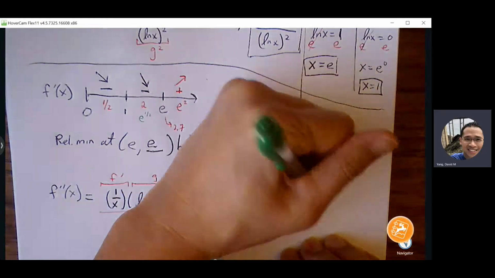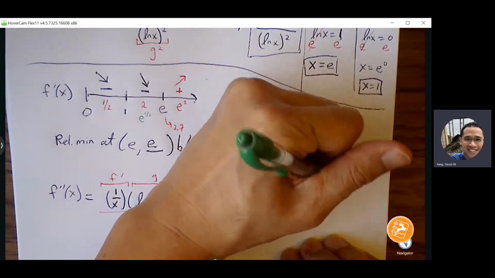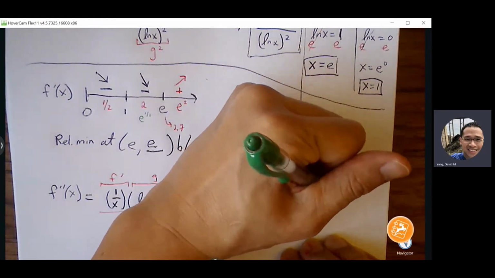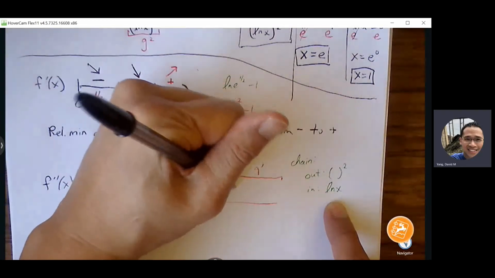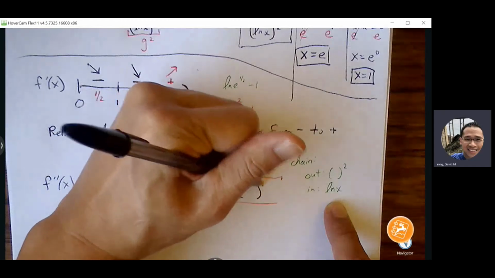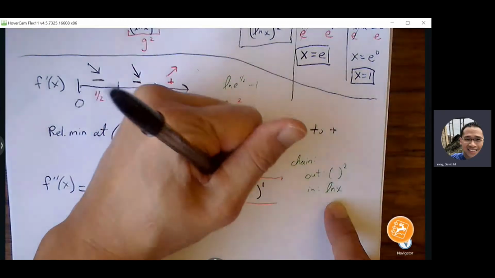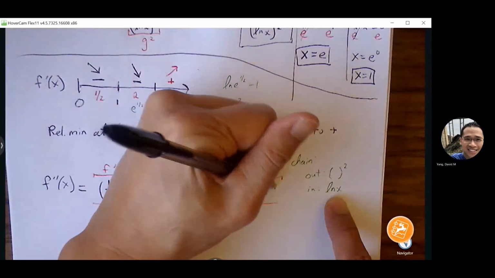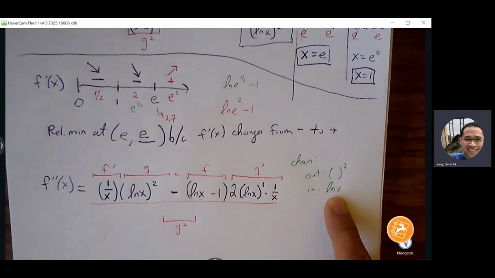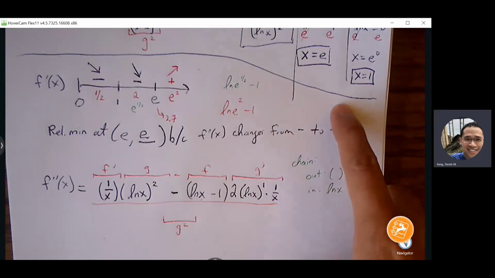Outside portion, inside portion is natural log of x. Okay, outside portion, 2 parentheses to the first power. And then inside portion is 1 over x. All over the denominator squared.